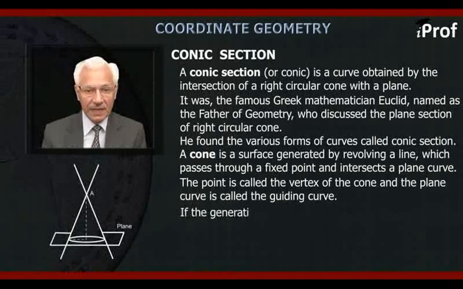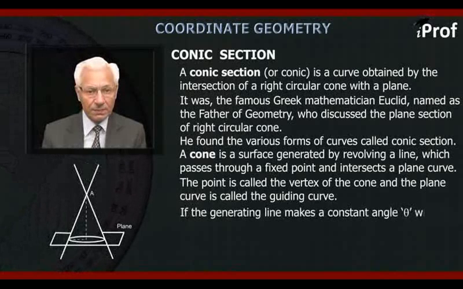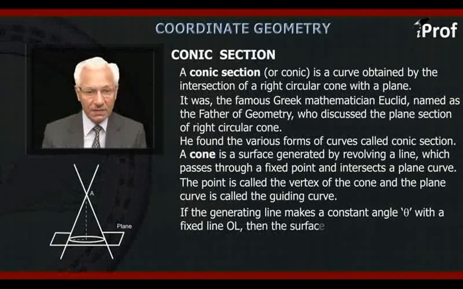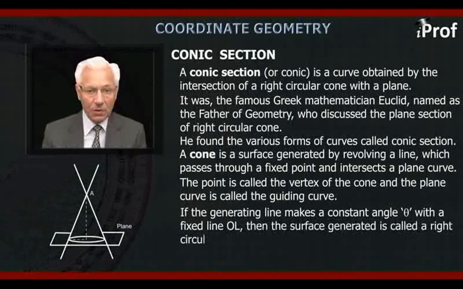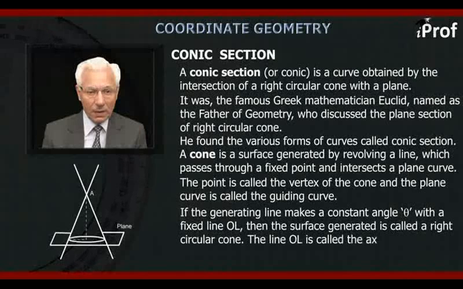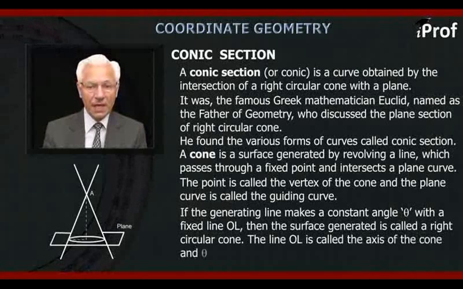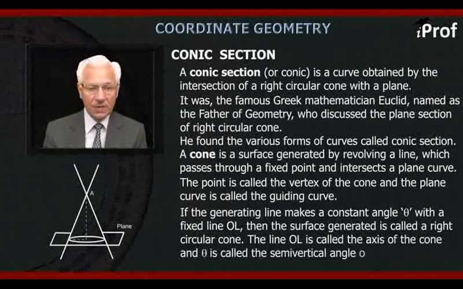If the generating line makes a constant angle theta with a fixed line OL, then the surface generated is called a right circular cone. The line OL is called the axis of the cone, and theta is called the semi-vertical angle of the cone.